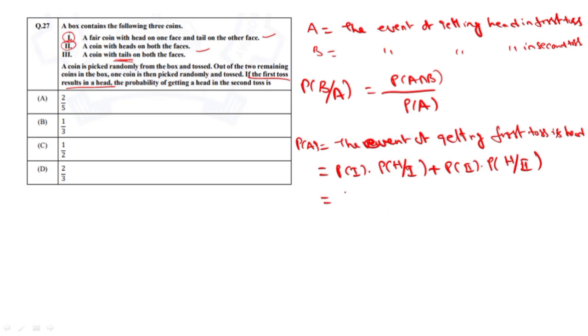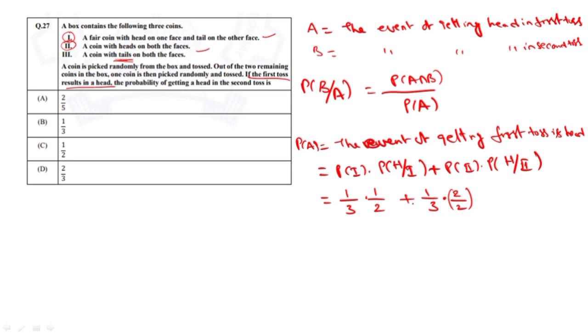Getting coin 1: out of 3 coins we take coin 1 in 1 by 3 ways, and the first coin has one tail and one head on its faces. That's why the probability of getting head is 1 by 2. Getting the second coin is also 1 by 3 out of 3 coins, and getting head from coin 2, both faces having head, is 2C1 by 2C1.